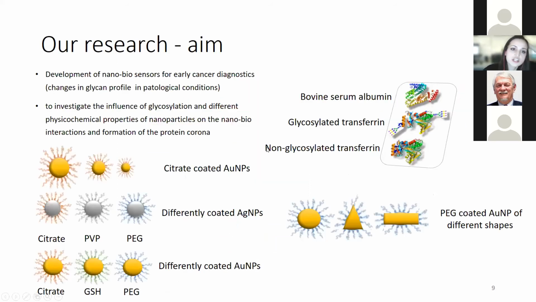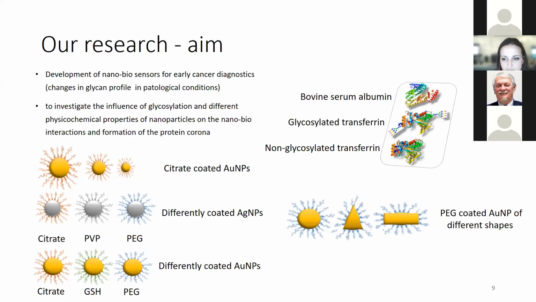So what is actually our research? First of all, our aim was to investigate the influence of glycosylation and different physical chemical properties of nanoparticles on nano-bio interactions and formation of protein corona. So why glycosylation? Different types of glycan patterns are found in some pathological conditions.